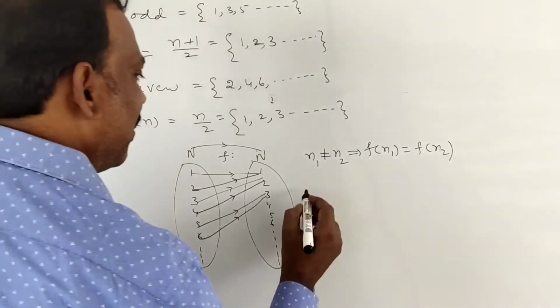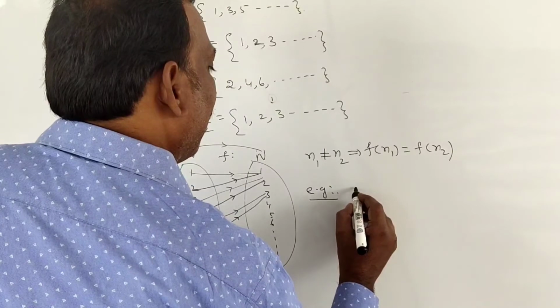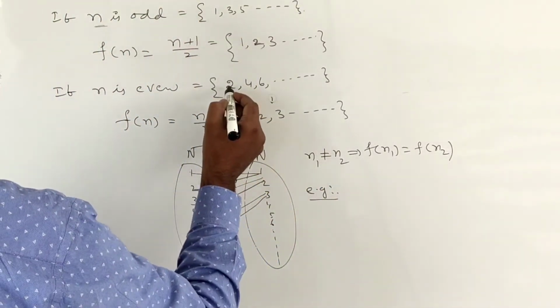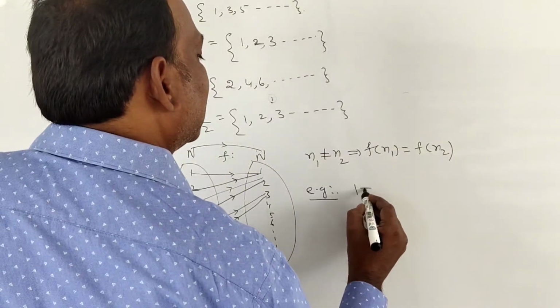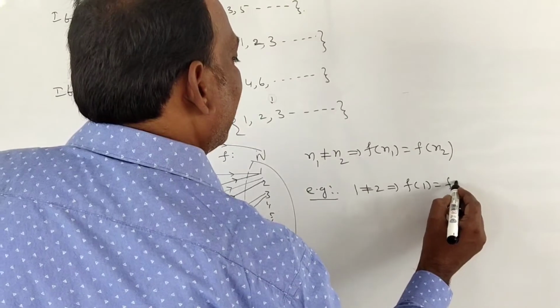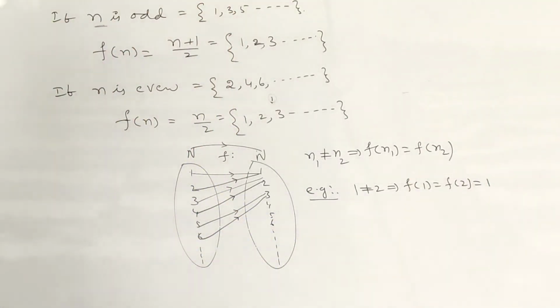You have to give an example. Yes, I am giving one. So for f of 1 and f of 2, n values I am taking as 1 and 2. 1 is not equal to 2, but f of 1 and f of 2 are the same, getting 1. Correct, students?